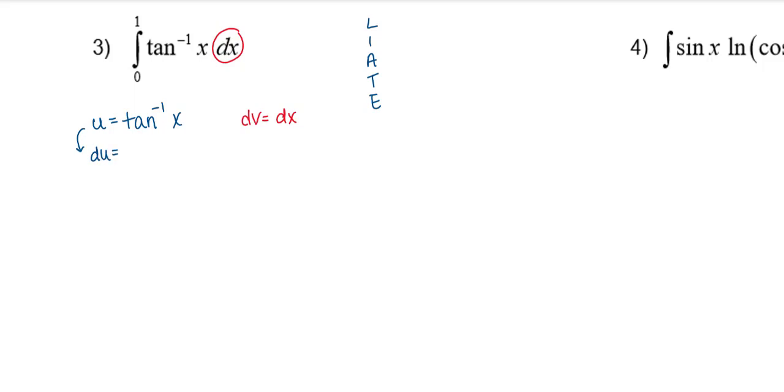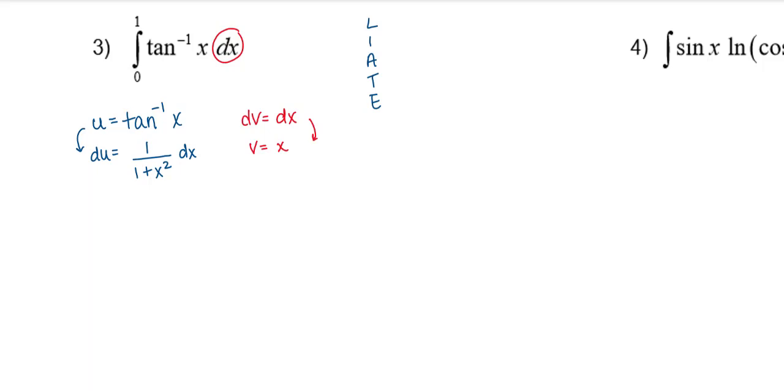So we should remember our inverse trig derivatives from Calc 1. So this was just 1 over the sum of squares, so 1 plus x squared. Don't forget your dx. And then moving across, on the right-hand side, I do the antiderivative going down. So the antiderivative of dv is v, and the antiderivative of dx turns into x.